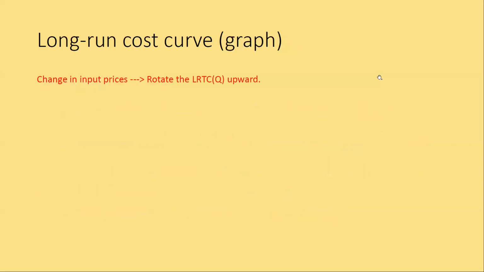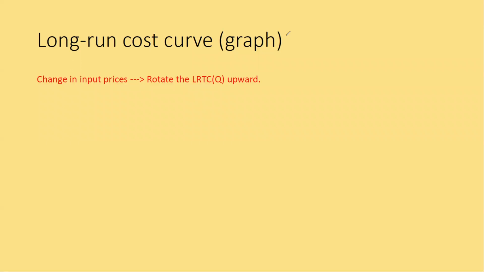So here I'm going to draw a graph first, and I'm going to show later on what happens when the input prices change. So the conclusion I've already put in here is that when the input prices increase or decrease, it will rotate our long-run total cost curve. So here it's actually not put very well. I'm going to change this on the slide I upload to iLearn.